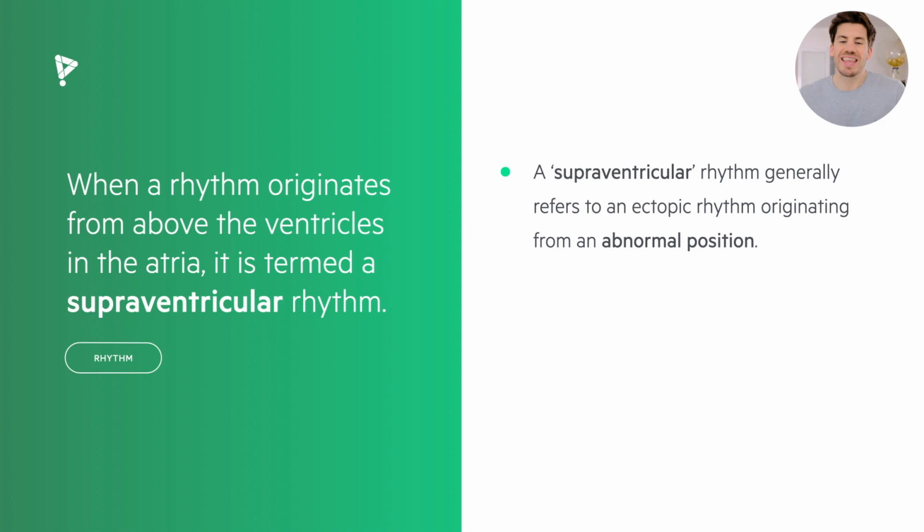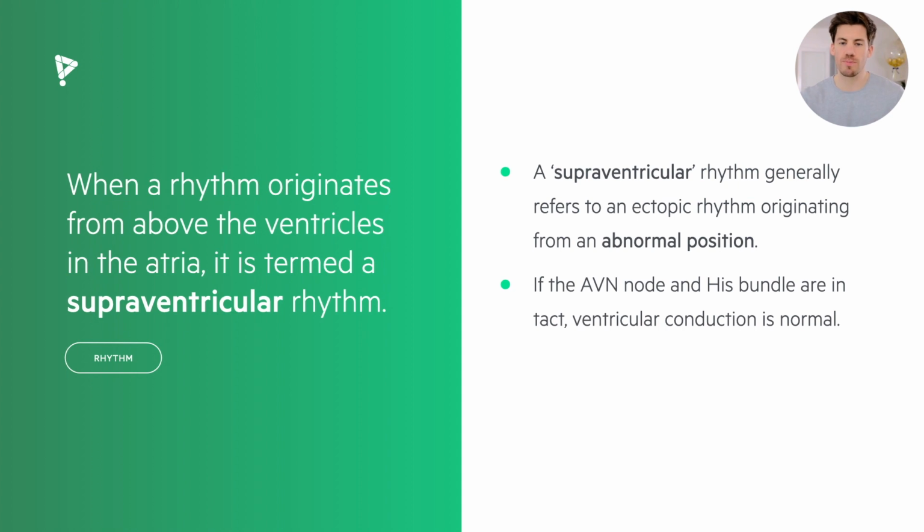Technically, sinus rhythm is a supraventricular rhythm because it occurs above the ventricles in the atria. However, we generally reserve the term supraventricular for this ectopic abnormal rhythm that's originating away from the sinoatrial node.